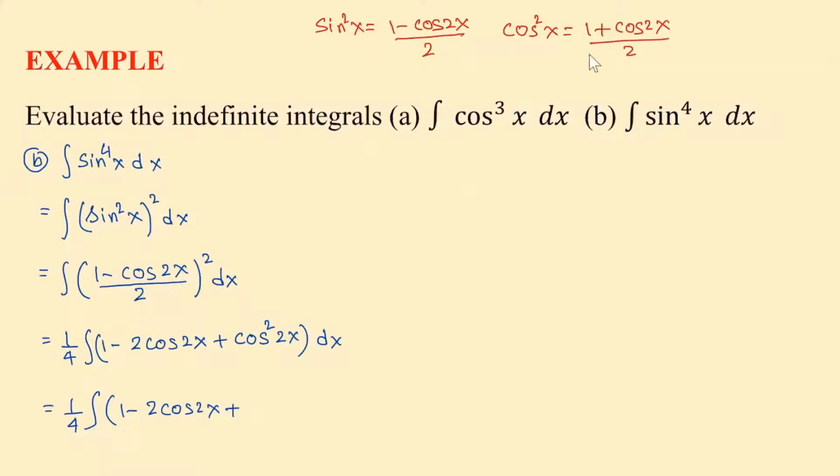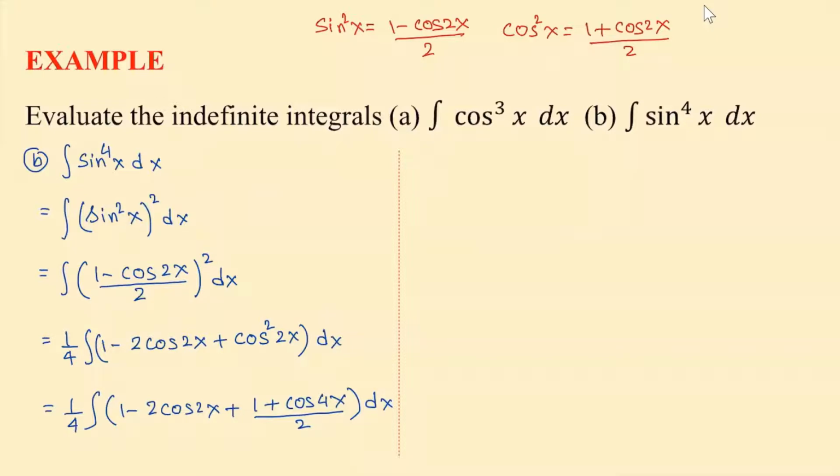So if there is x, it will be 2x. But here we have 2x, so in the formula, it will be 4x. So when you use this formula over here, it will be 1 plus cosine 4x divided by 2. We are integrating with respect to x.